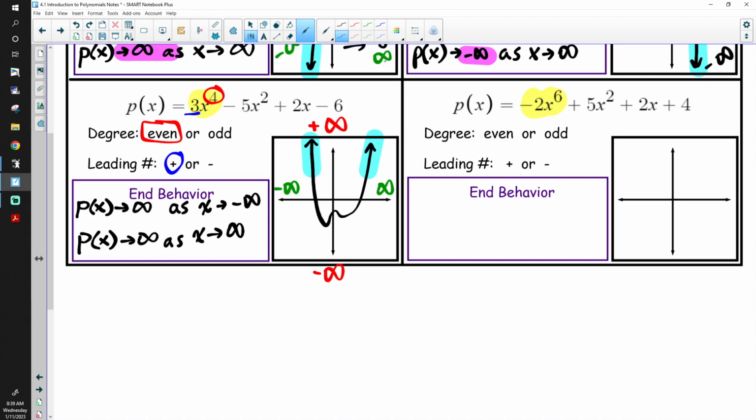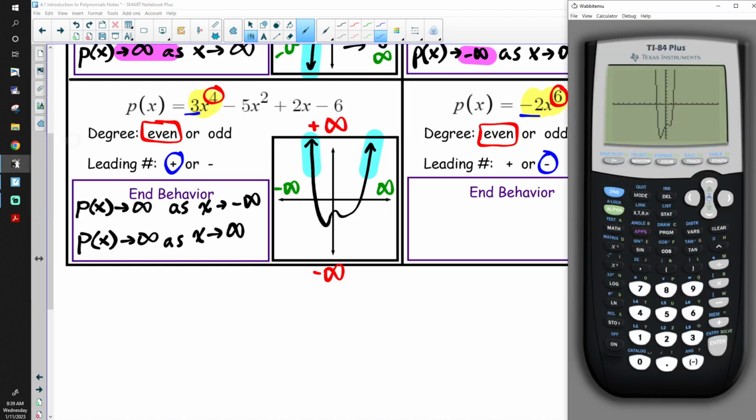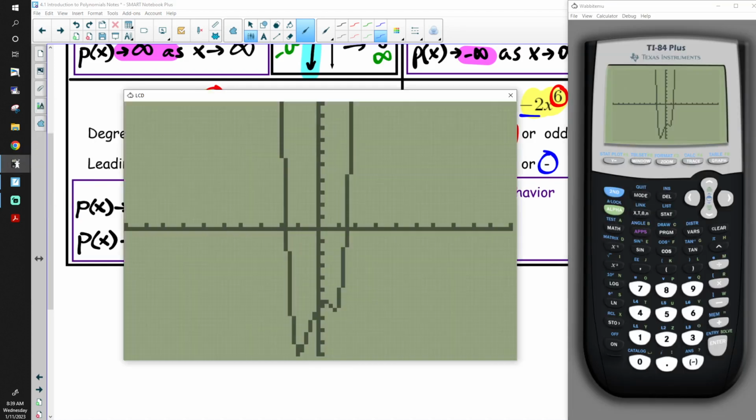Okay. Now if we look at this one, it's the same thing. Here we have an even degree and a negative leading number. Even degree, negative leading number. I'm willing to bet my life on it doing the one we haven't done yet, but we'll just graph it to be extra safe.